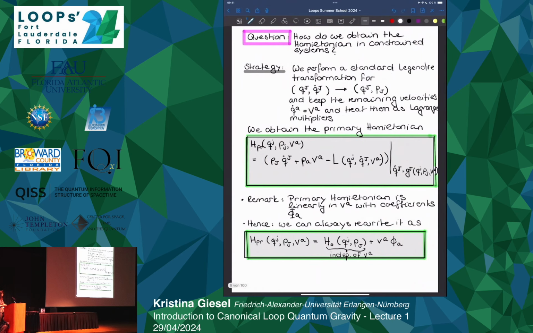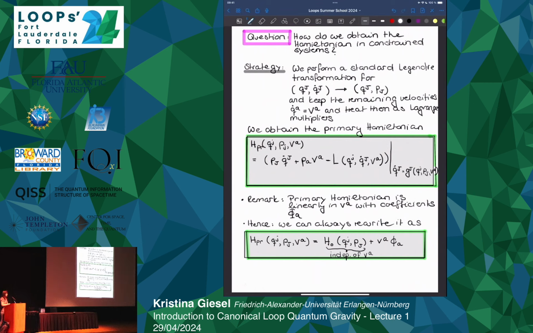So what do we do then? Because we still want a Hamiltonian formulation. The idea is that you perform the Legendre transformation for all variables where it's possible, for those where you could solve the velocities and express them in terms of the momenta. And for the remaining velocities, which I call v_A here, you just keep them as Lagrange multipliers.